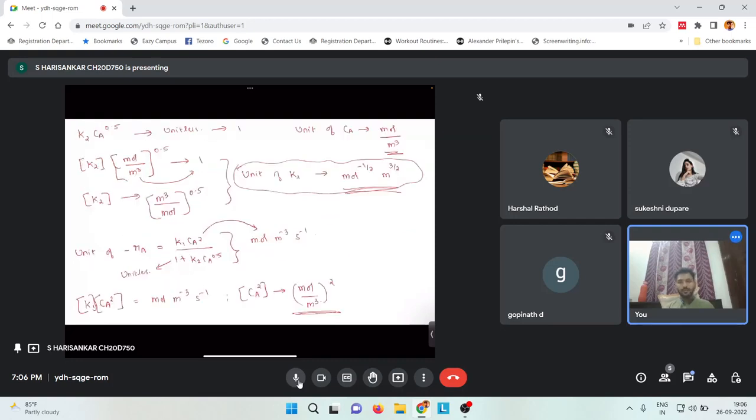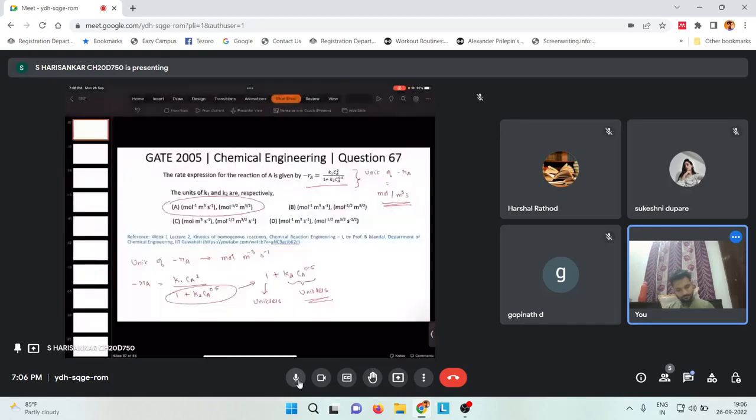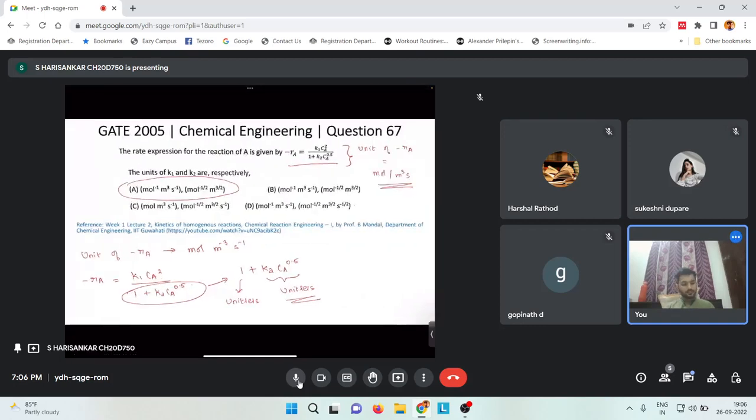So option A satisfies these two units. So option A is the right answer.